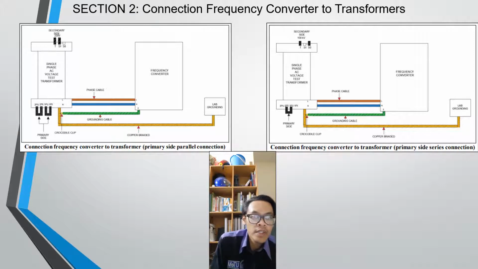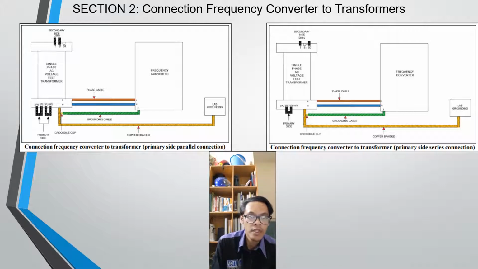From the frequency converter, one cable that contains 3 wires, which are the live wire, neutral wire and ground wire, goes to the single phase AC voltage test transformer. The grounding wire from the frequency converter is connected with the copper braid, which is already attached to the grounding of the transformer, and the copper braid is connected with the lab grounding.